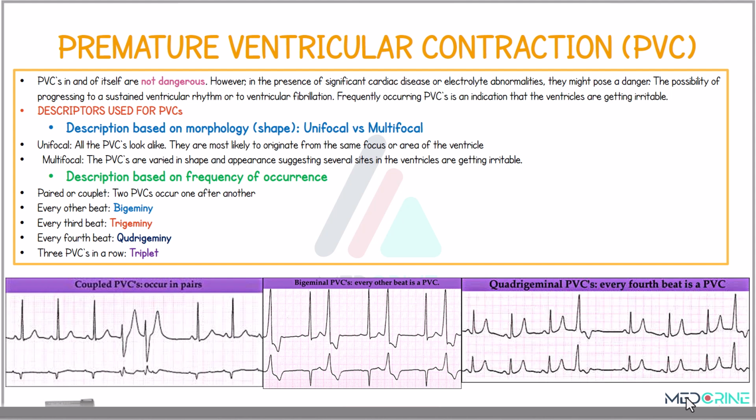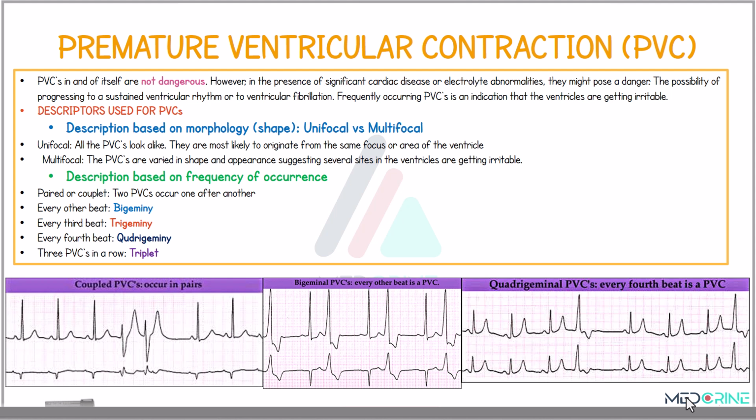Again, when we classify premature ventricular contractions based on the frequency of occurrence, we can say we have a pair or couplet, which means two premature ventricular contractions occurring one after another. If we have a PVC after every other beat, we call it bigeminy.